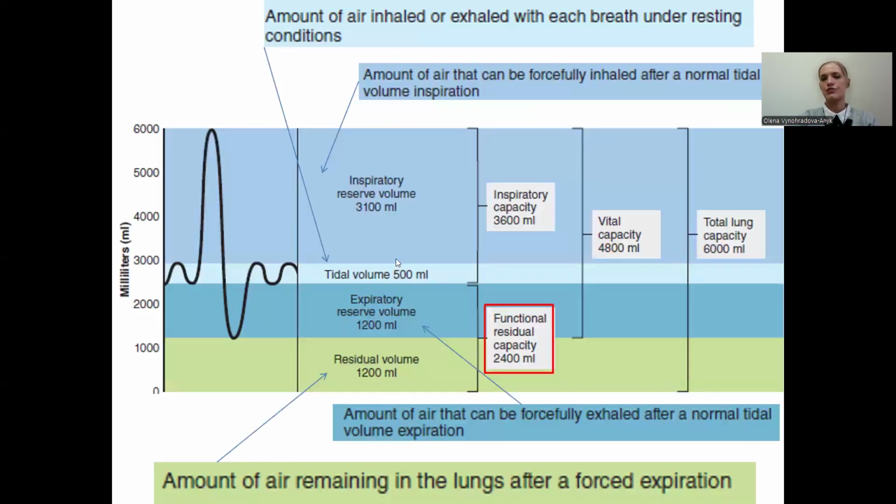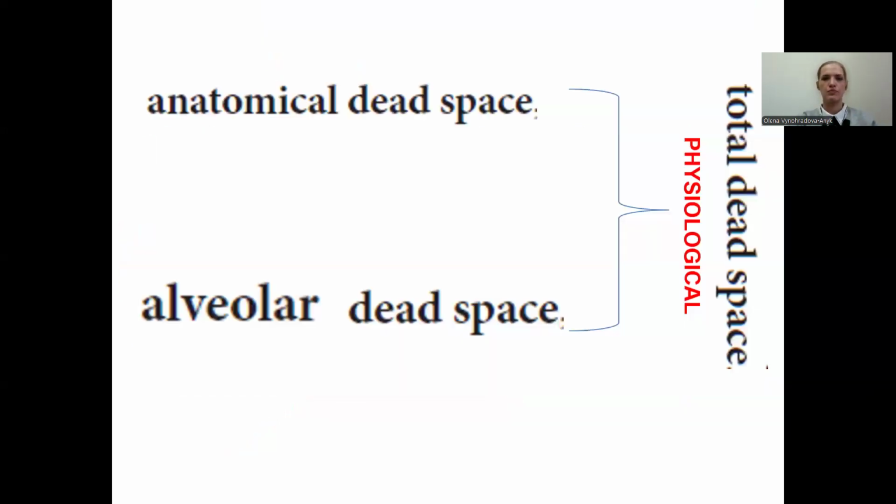It means that if the general tidal volume is 500 milliliters minus dead space, we will have about 350 milliliters, which is included in the process of gas exchange for every respiratory movement, for every process of inspiration.